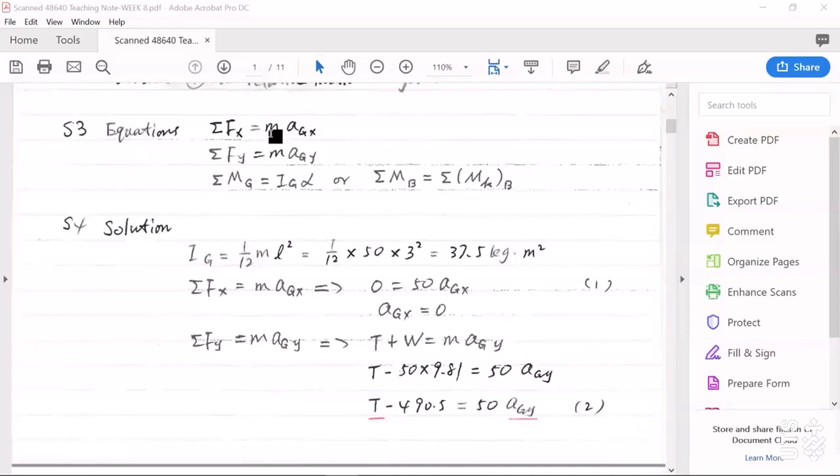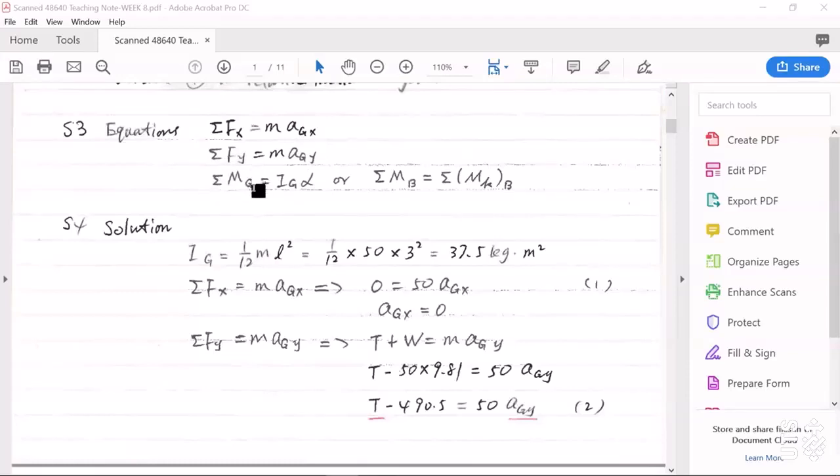We have 3 equations. The first 2 are translation components. One is along x direction. The second one is along y direction. The third equation is about the rotation component.